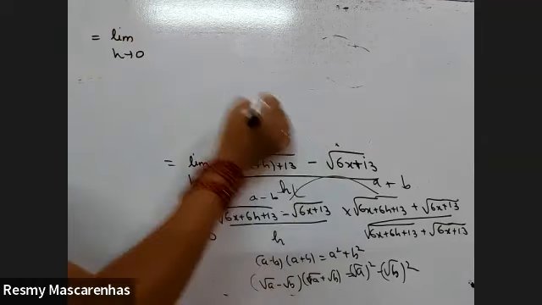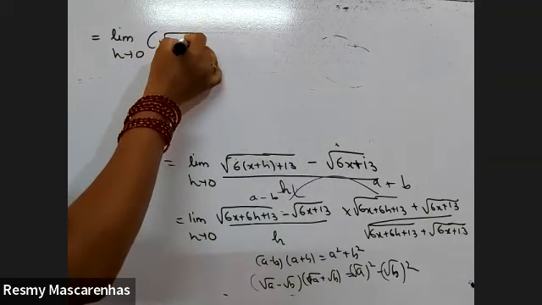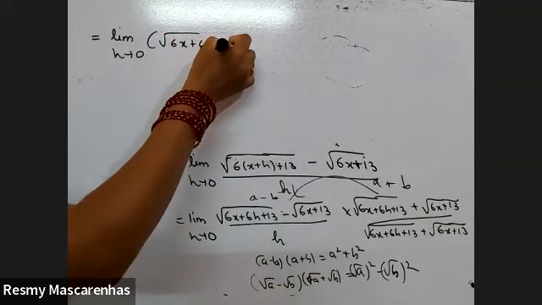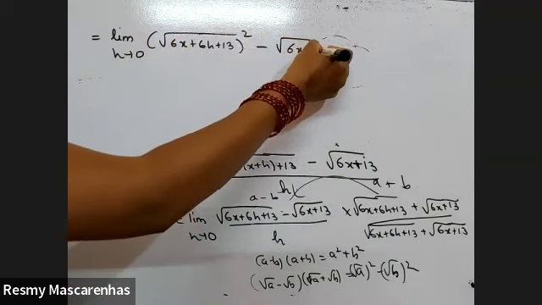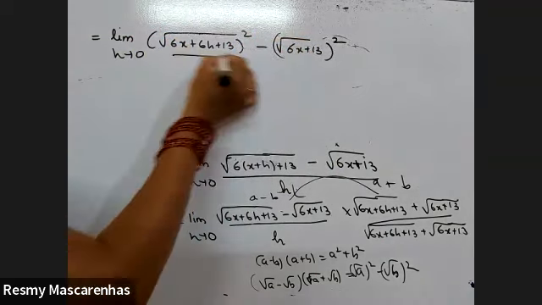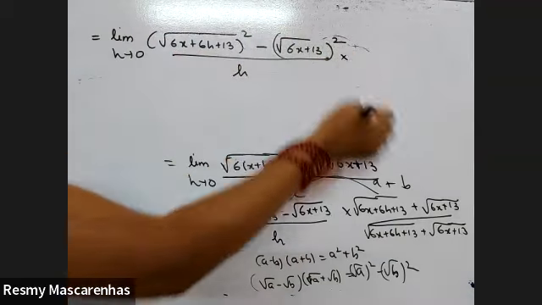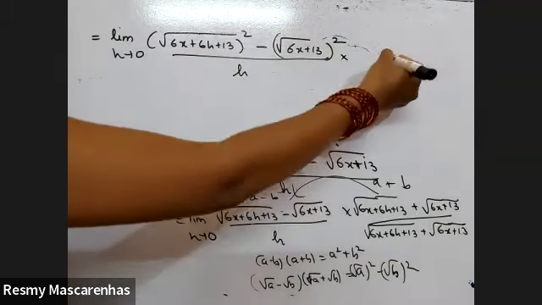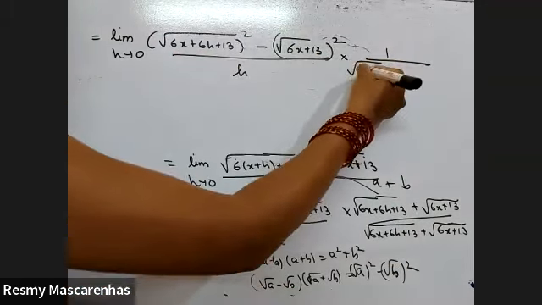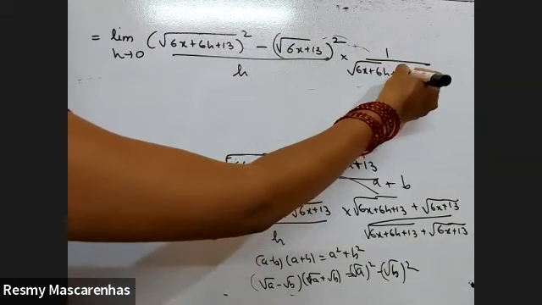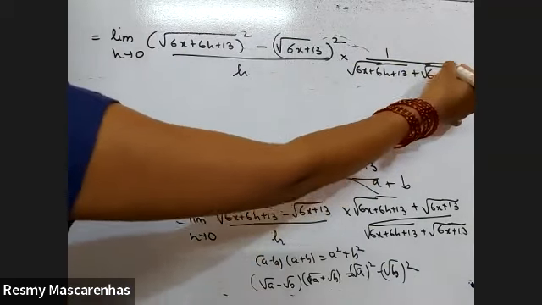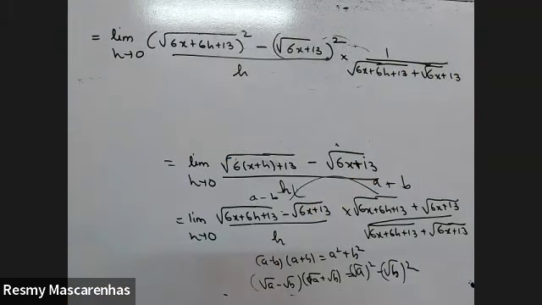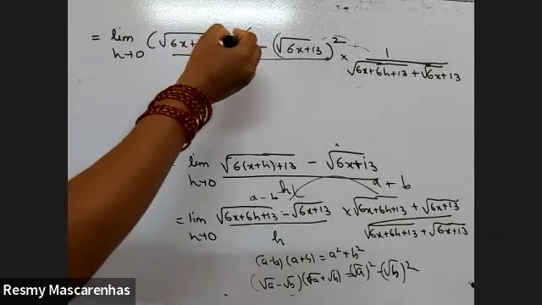A minus b into a plus b, a square minus b square, upon a. This got multiplied here, whatever is left. Root and square always cancel out each other.